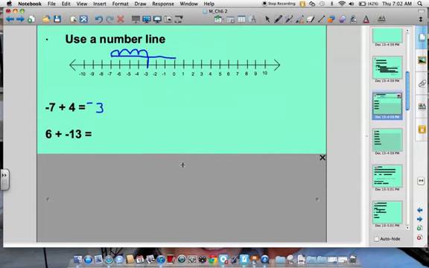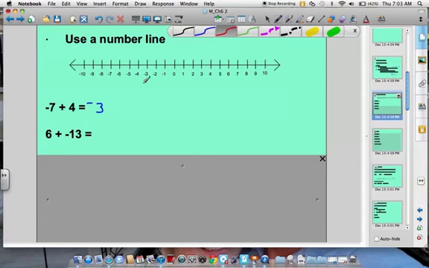The next problem, I have 6 plus -13. Alright, so I go to +6 on the number line starting from 0. And then it says to go in the negative direction 13 times.